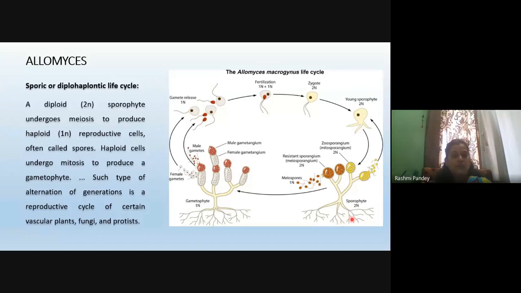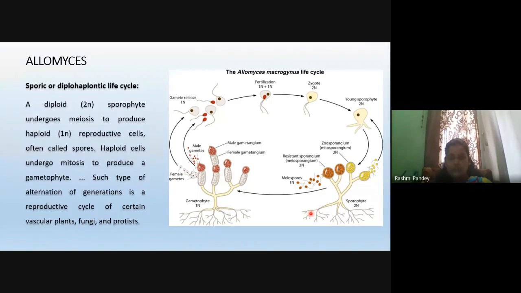In angiosperms and gymnosperms, the plant we see is mostly a sporophyte, where they produce gametes in a very short gametophytic generation, that is pollen and the ovum, the female egg cells. After the union, we again get the seed, that is the zygote, the start of the sporophytic generation. Absolutely correct. So that is the diplontic life cycle pattern.